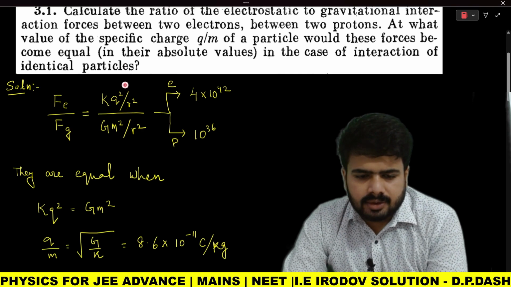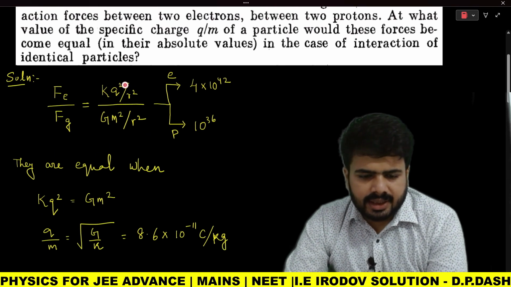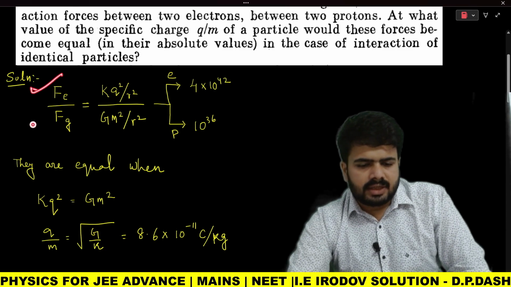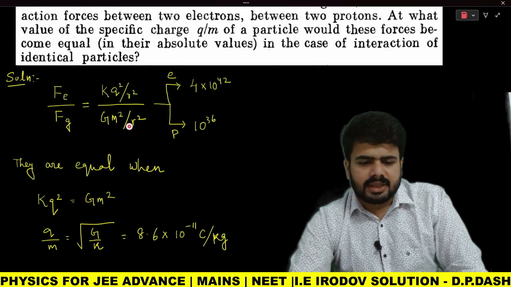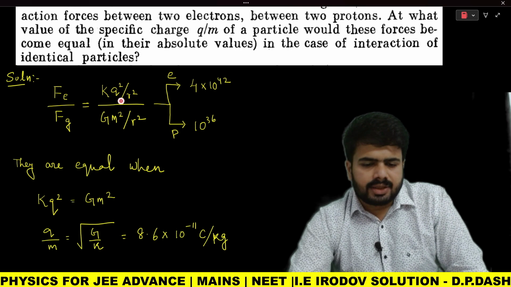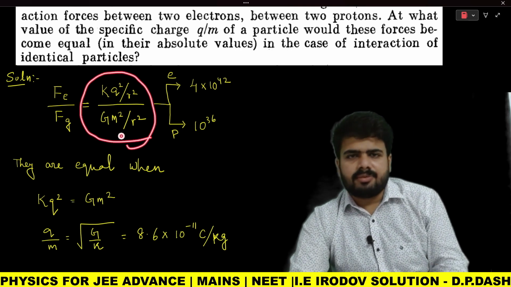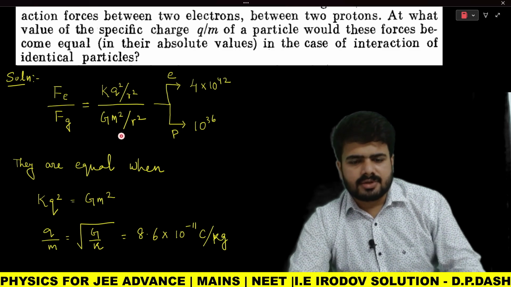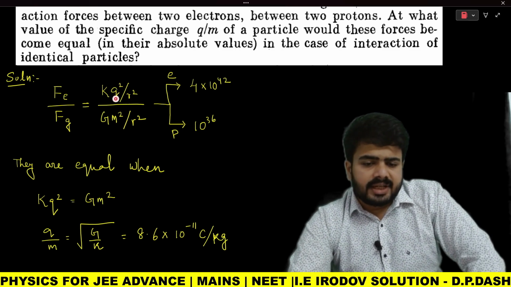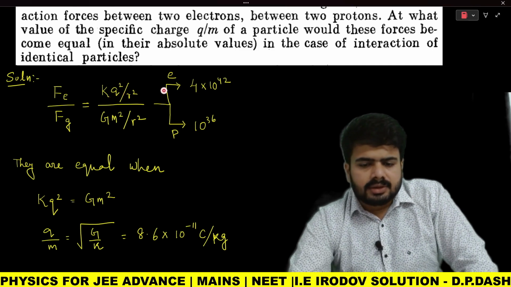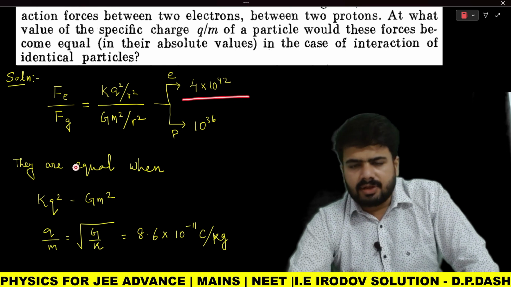Now for the first solution, the ratio of electrostatic force to gravitational force is simply kq square by r square divided by Gm square by r square. In place of this charge q, if I consider the electron, then this ratio comes to be 4 into 10 to the power 42.